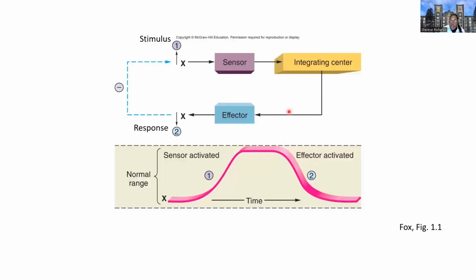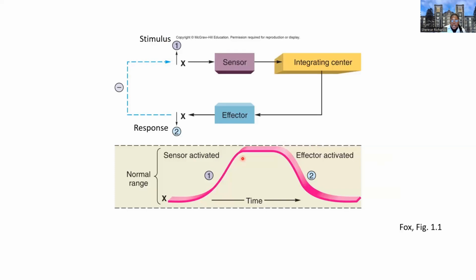Okay. So here's another schematic, just kind of reiterating the same principles in a different way. This one is focusing more on the loop effect that we have going on here. So we have a sensor detecting the change, integrating center receiving that initial response, sending those instructions to effector organs, and then the corrective response is ultimately going to shut off the stimulus, shut off that initial error signal, right?